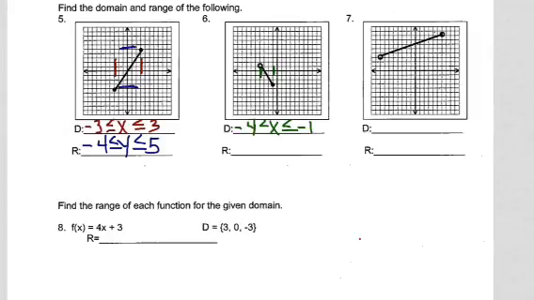Now let's take a look at the range. On the range, we have the bottom to the top. The range extends from negative 3 to positive 1.